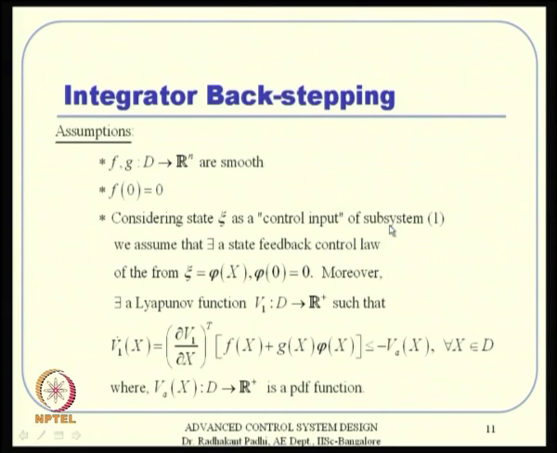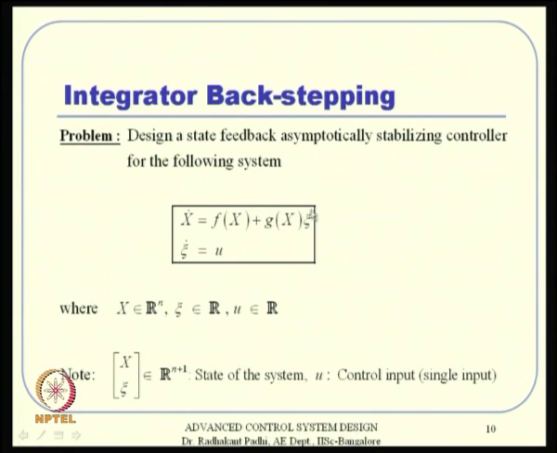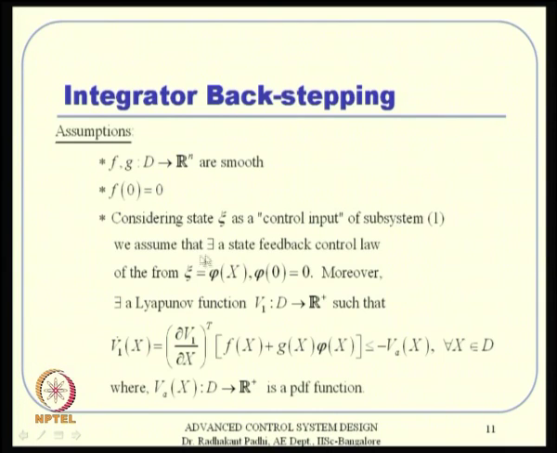Then we assume that there already exists a feedback controller in the form xi equal to phi of x, where phi of 0 is 0. That means, assuming xi is a control variable, we have already designed a controller appropriately. So xi is already designed as a function of x, where phi of 0 is 0.